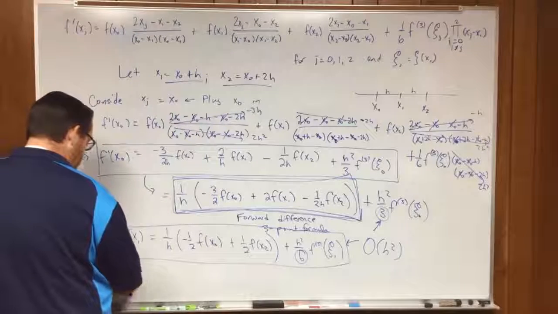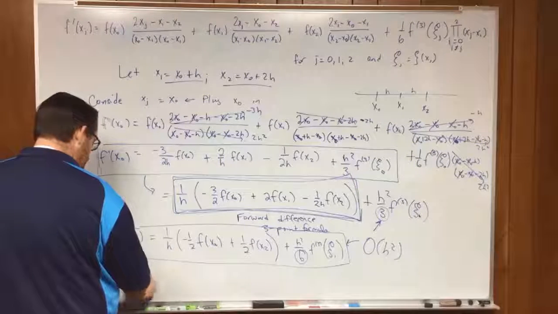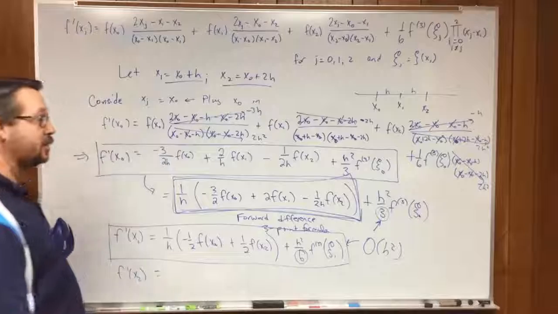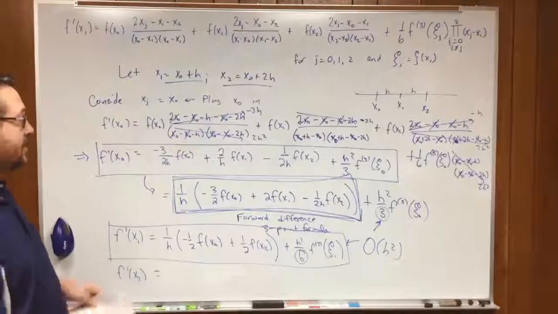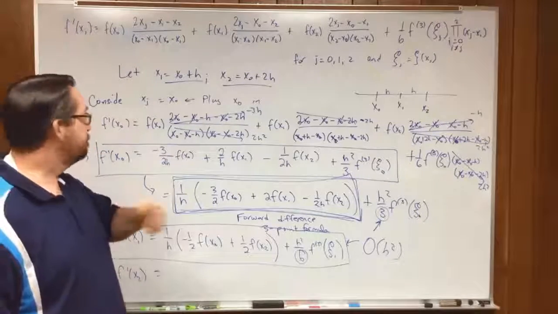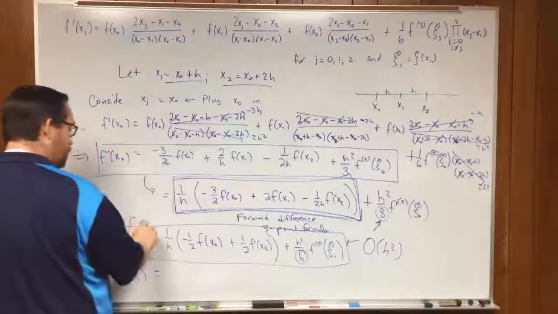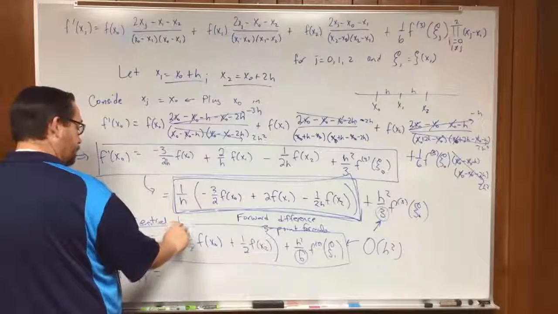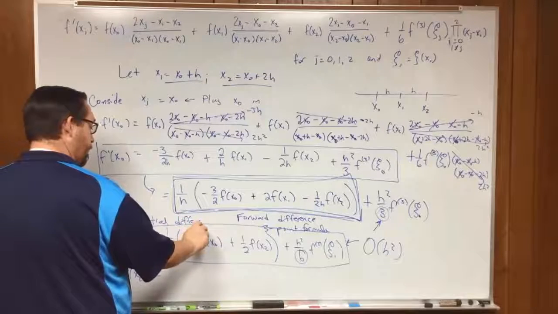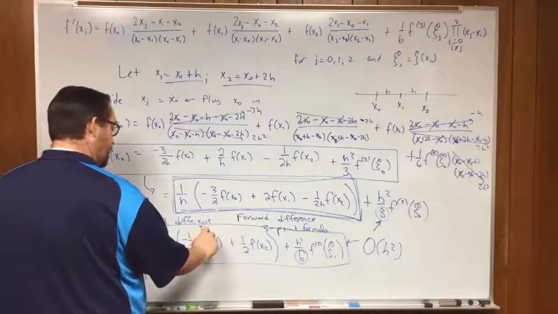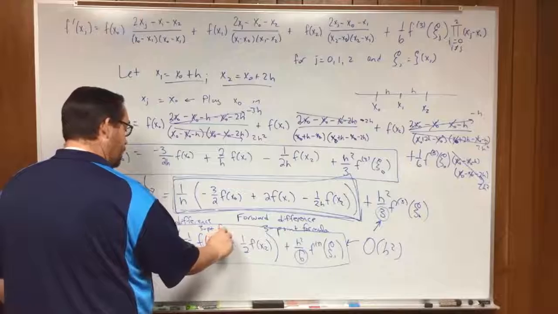If you do the derivative at the last point, you get a formula very similar to the forward difference formula. So this one right here I'd call the central difference. 3-point formula.